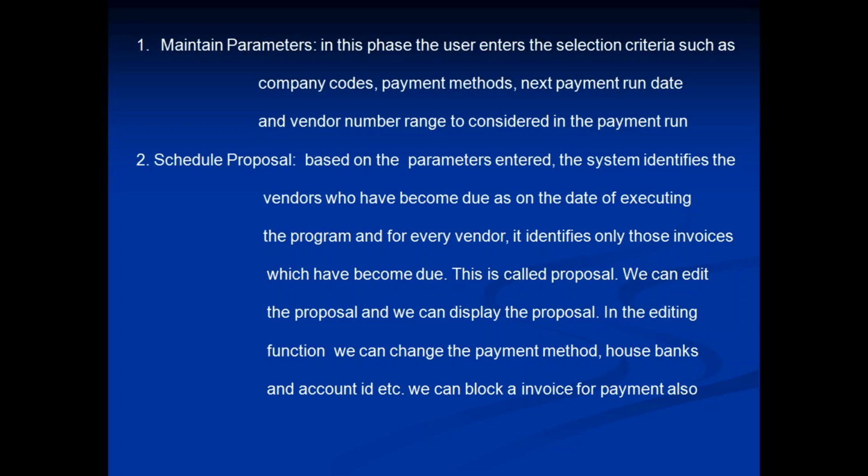In the change option, you can change the house bank ID. You can block a payment also. We can change the house bank, and we can block the invoice also.